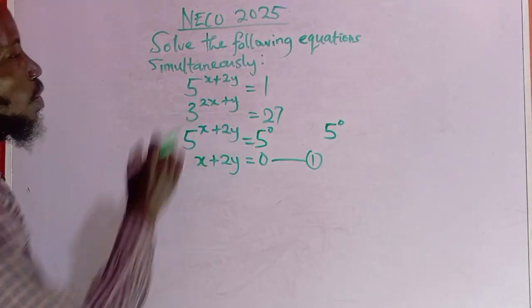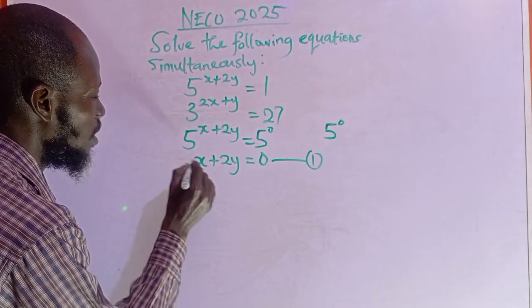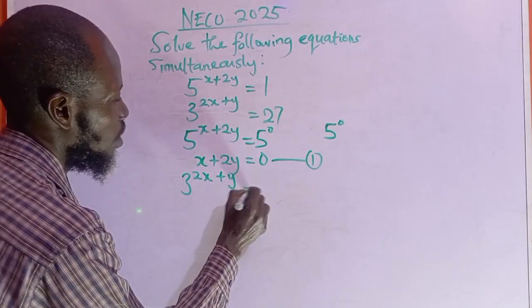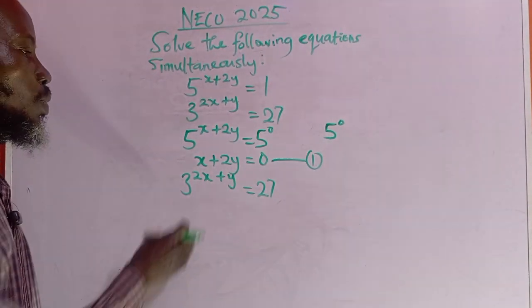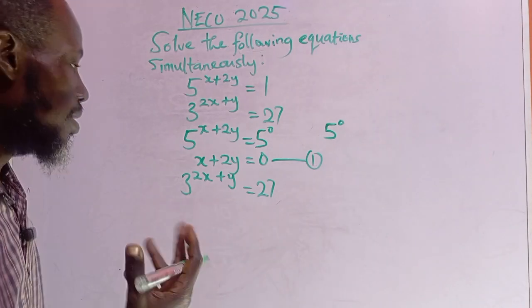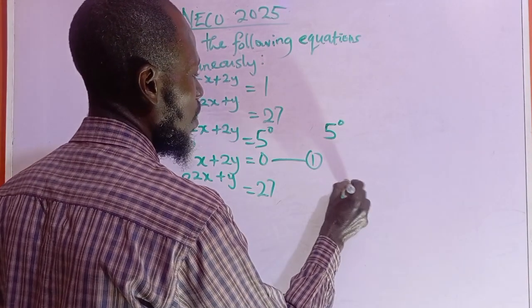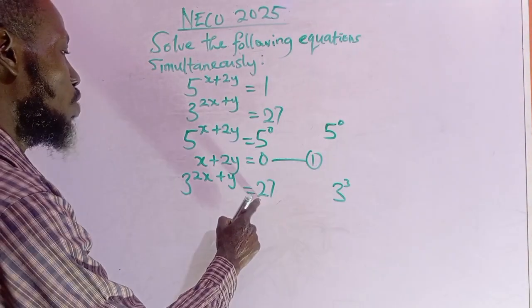For the second equation, we can do the same thing. Rewriting it, we have 2x plus y is equal to 27. This 27 can also be expressed in index form. That can be 3 to the power of 3, which will give us 27.